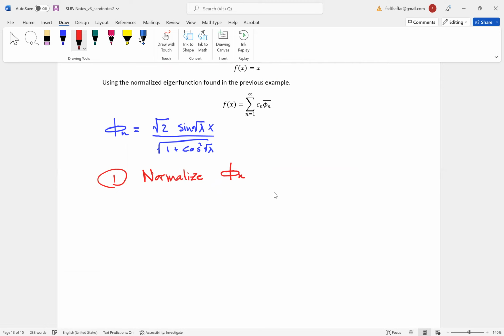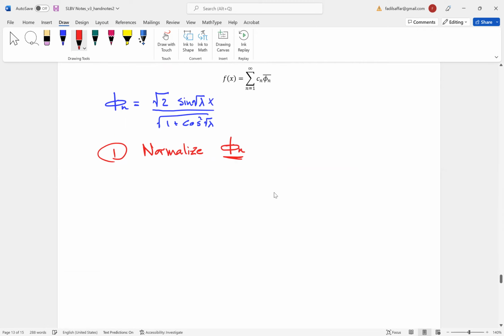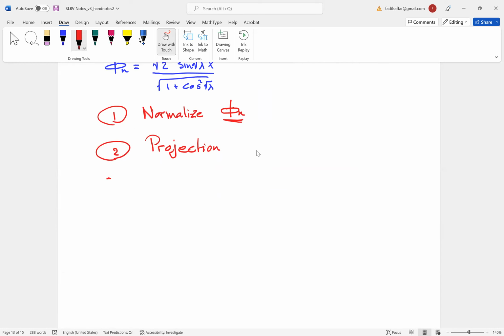And what we did, we found this one, we found phi n. Second step, project, find the projection. And what does that mean? Let me write all the steps, and then let me say represent, or you can say expand.